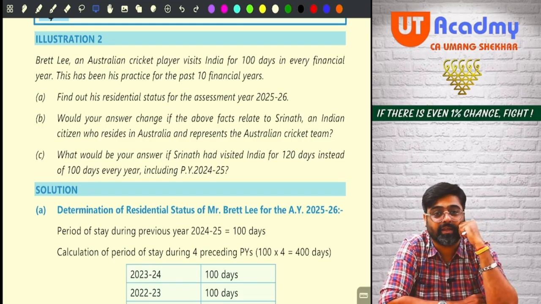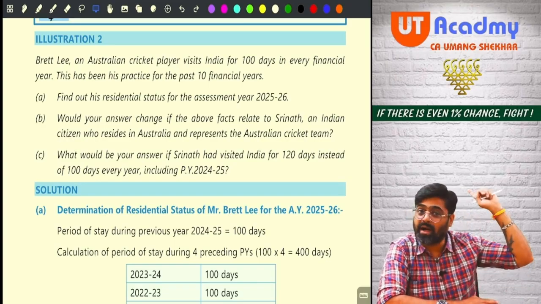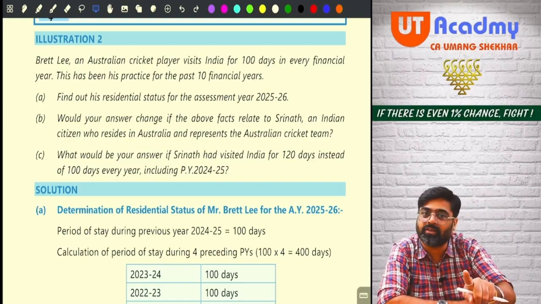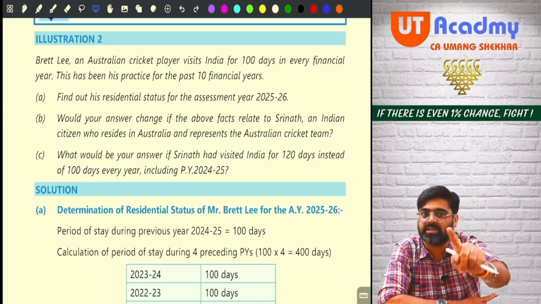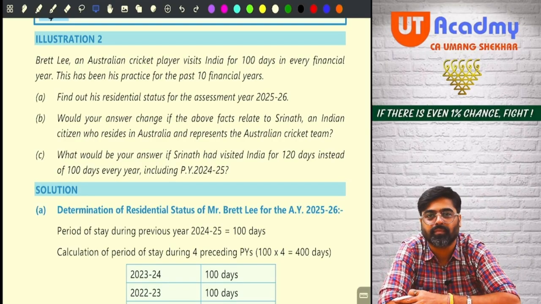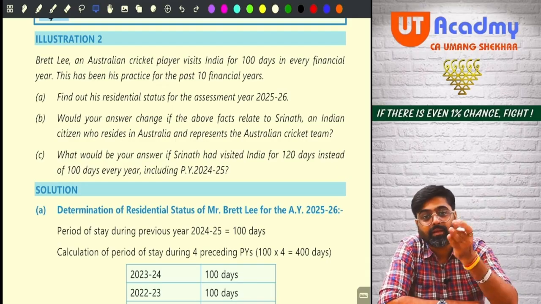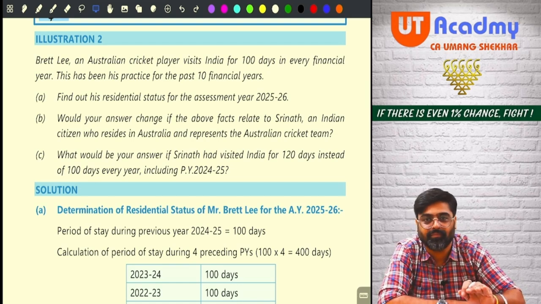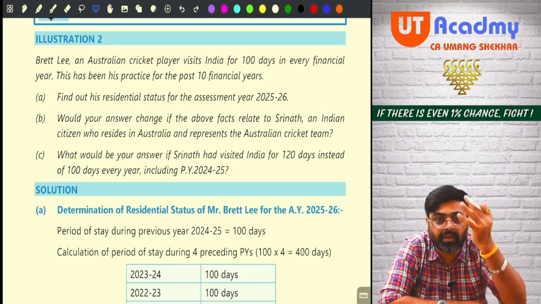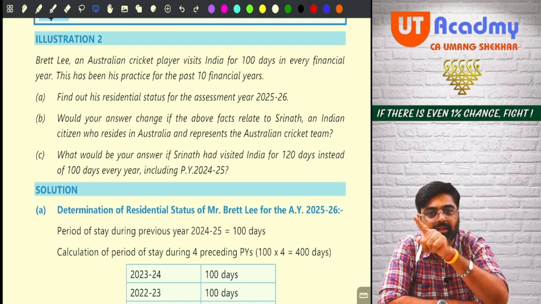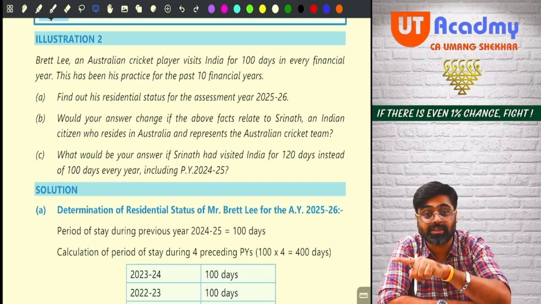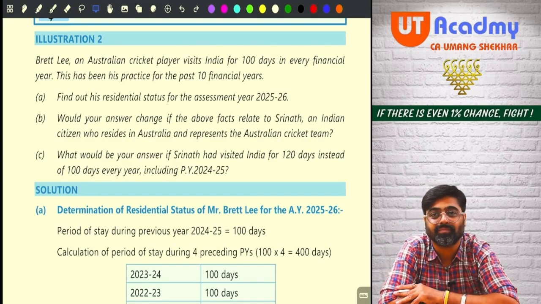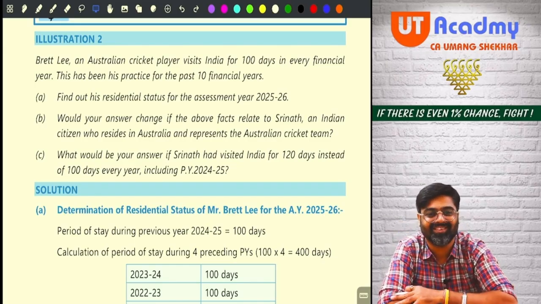Additional condition A says that out of the last 10 previous years, he should have been a non-resident in India for at least 9 previous years. Don't you think that the way in which he became a resident in this year by satisfying basic condition B, he would be a resident in the last year also, because in the last year also he had satisfied basic condition B. What about last to last year?